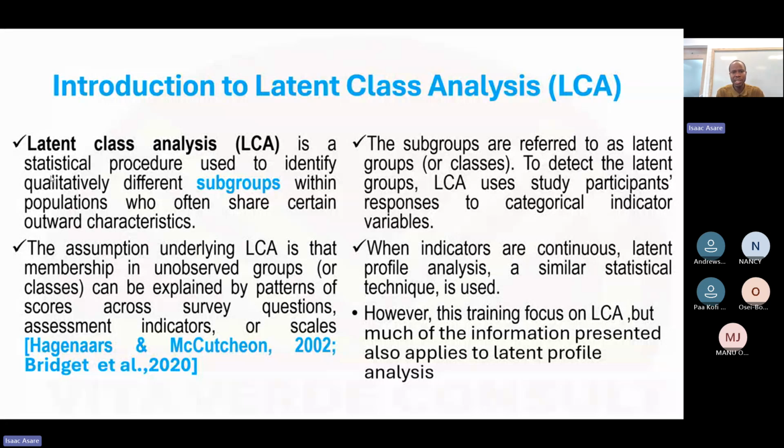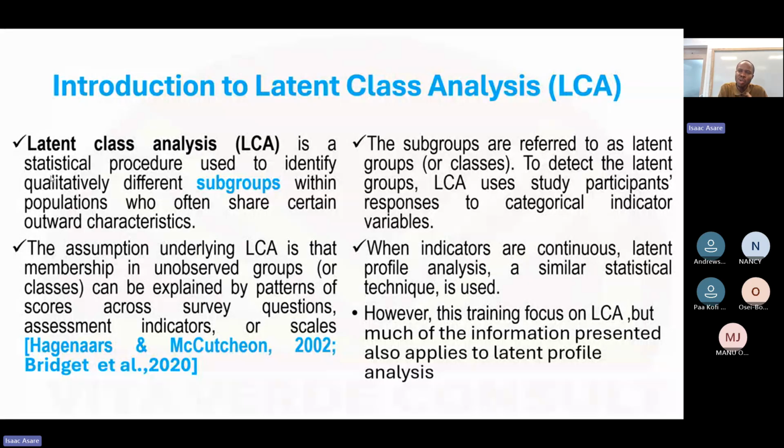Okay, so it says that when indicators are continuous, the latent profile analysis, right? That is a similar statistical technique that is used. So a situation whereby you don't have categorical items, but rather you have continuous variables in your study.